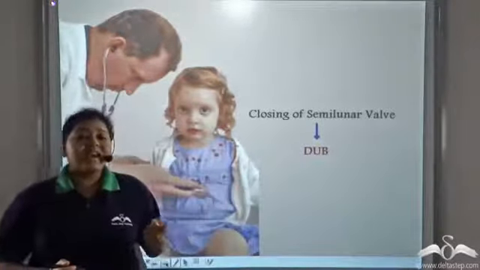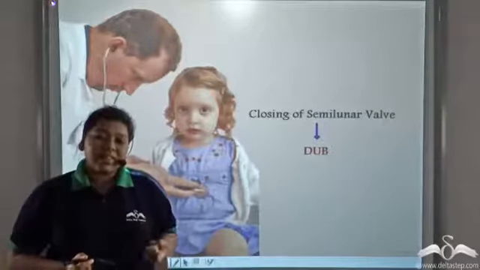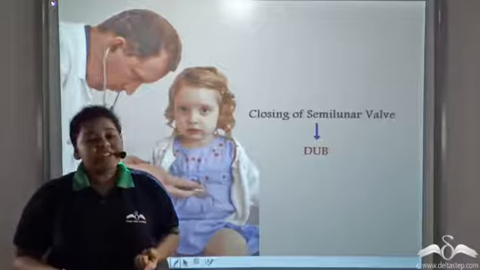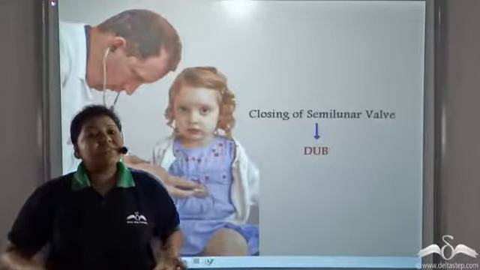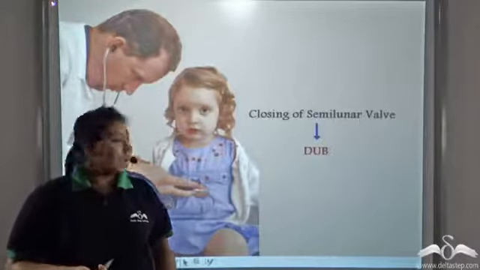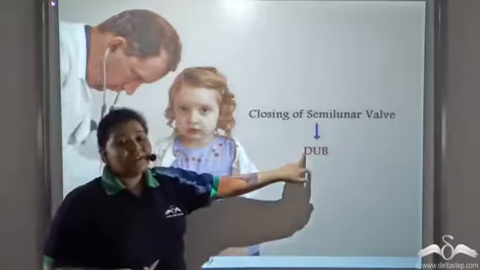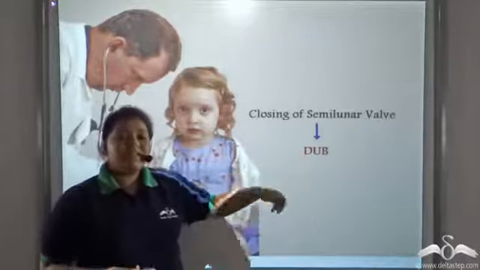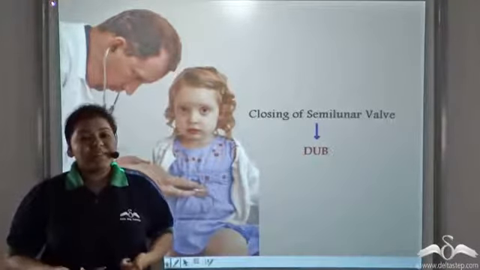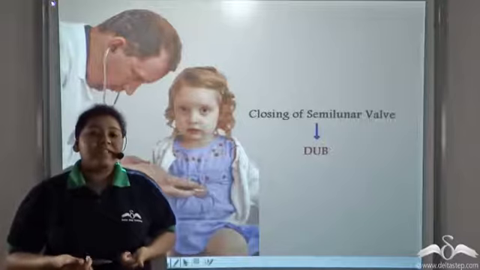So the first heart sound was lub, which occurs just at the beginning of atrial diastole because of the shutting of the atrioventricular valves. And the second heart sound, dub, happens just at the ending of the ventricular systole when the semilunar valves are shutting close.